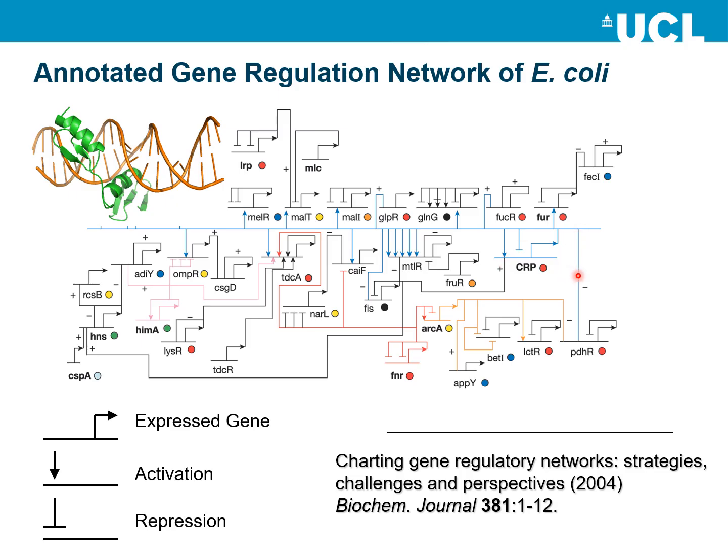And even this is abstract, schematic. We don't know, for instance here, the binding coefficients. What concentration does CRP need to be as a protein to actually bind and repress or bind and activate? So there is lots of detail even in a very simple organism like E. coli.